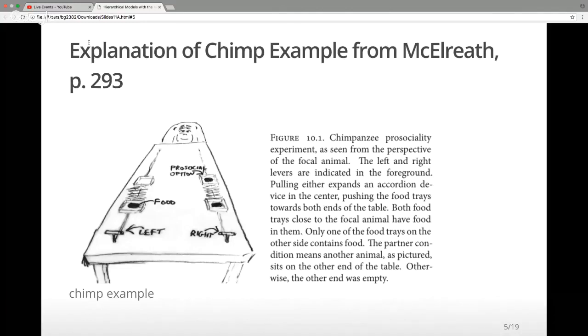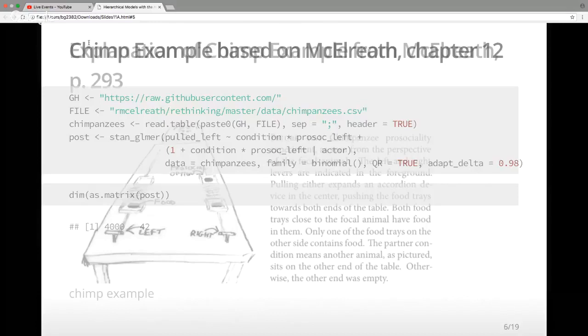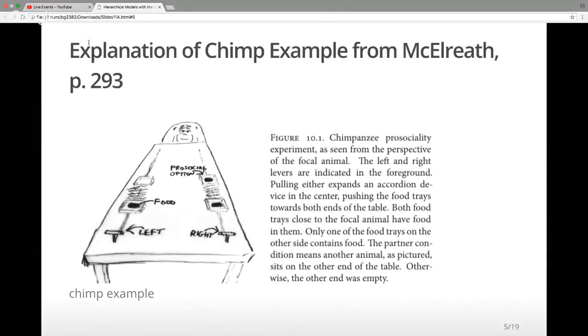They didn't want to systematically do that, so that was randomized as well. So basically all the experimental conditions interacted together, and we want to allow the intercept for the log odds as well as all the coefficients on all the main effects and the interactions to vary according to the chimpanzee who sits here. They did this on a number of chimpanzees.